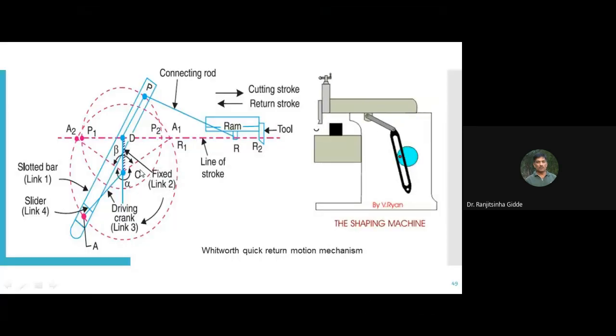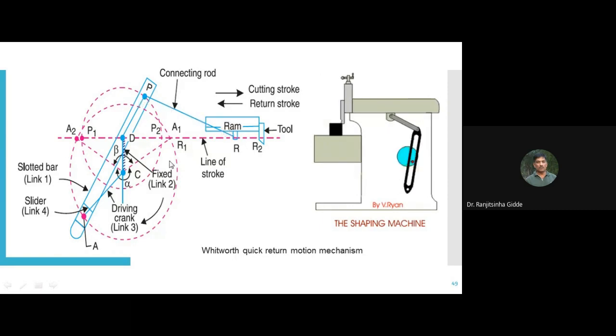This link is fixed. Now, how it works. Before that, you should know the nomenclature. We have already seen the links. This is the connecting rod, from P to R.